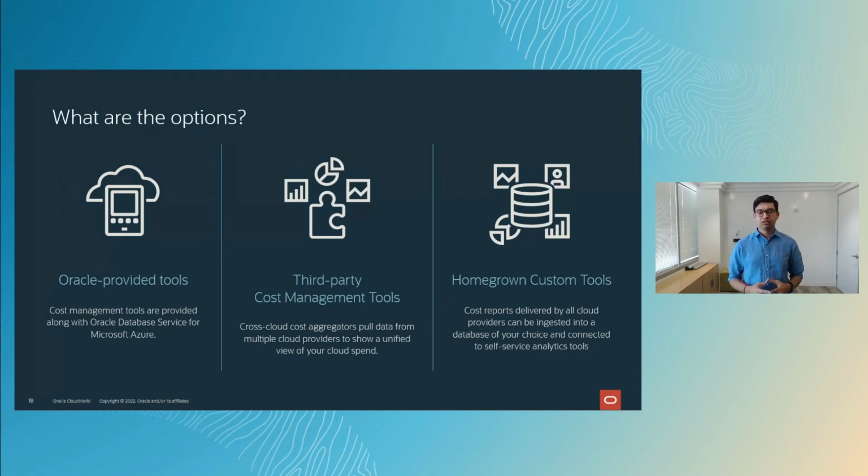These third-party tools bring in cost data from all different places and show it to you in a single unified fashion. They also help you understand optimization options and how you can best utilize resources so that you can keep your costs to a minimum as well. Then you always have the option of building homegrown tools with the cost reports that I mentioned earlier.